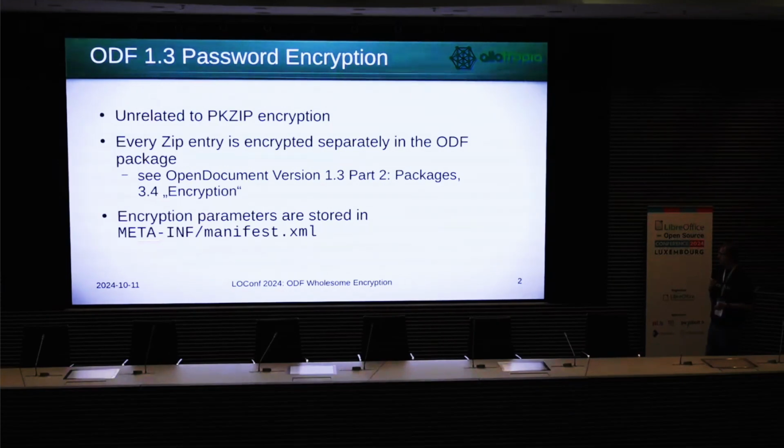And for this encryption, there are various parameters needed. These are then stored in a special file called META-INF/manifest.xml. So this contains an XML element for every entry in the zip file with all of the parameters that are required to decrypt the file.